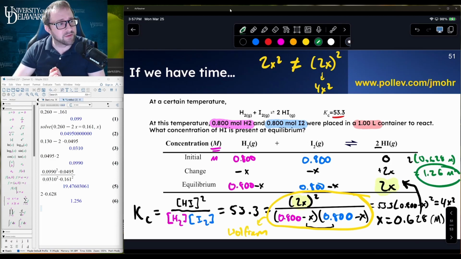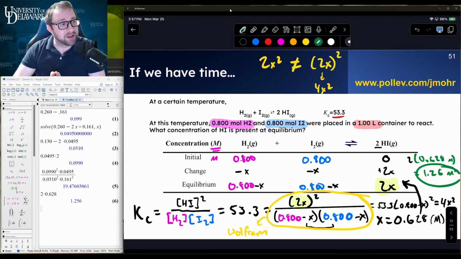Two different ways of using Rice tables to solve equilibria questions. We have the easy variant, that first one, where we're told information about the equilibrium concentrations. We also have the more challenging variant where we're not told those equilibrium concentration values. We're told Kc and we're asked to find those equilibria. And we have to back substitute into Kc with those equilibrium concentrations with that unknown change, that x value.